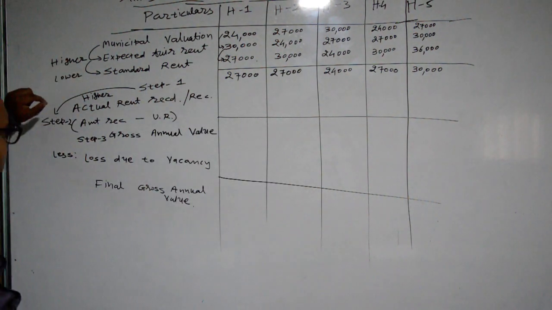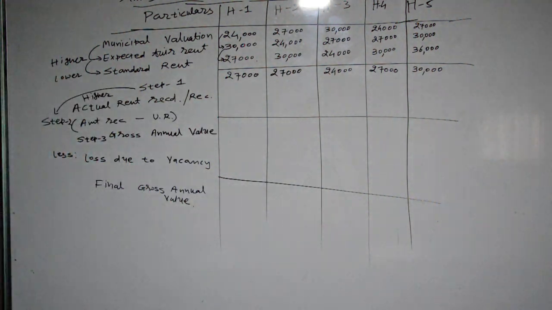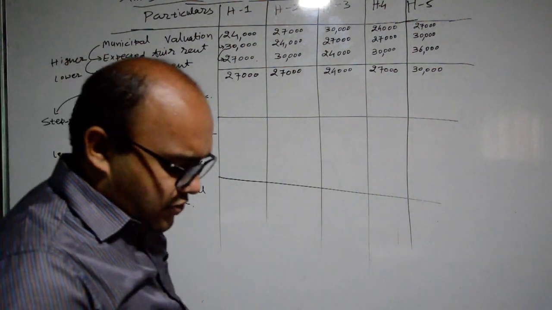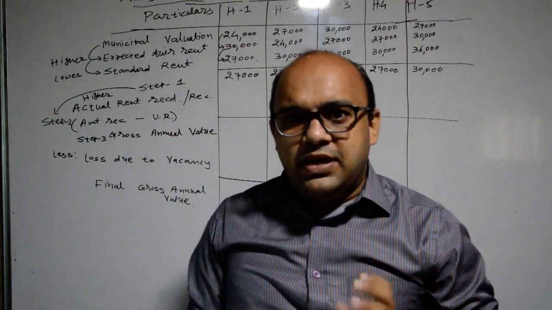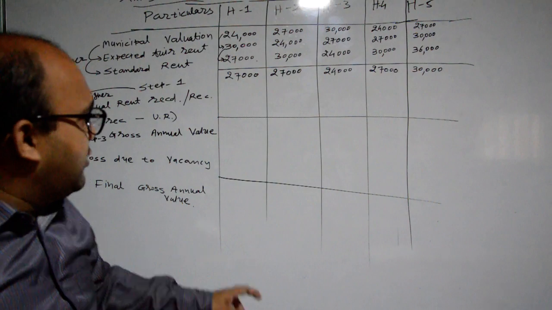Then in step number 2, actual rent received or receivable, information is provided. Here the word irrecoverable rent is used, that is our unrealized rent, which our tenant is not paying to us, so it will be deducted.